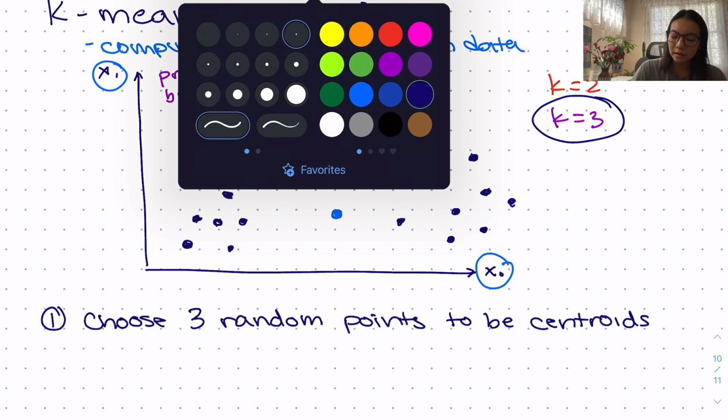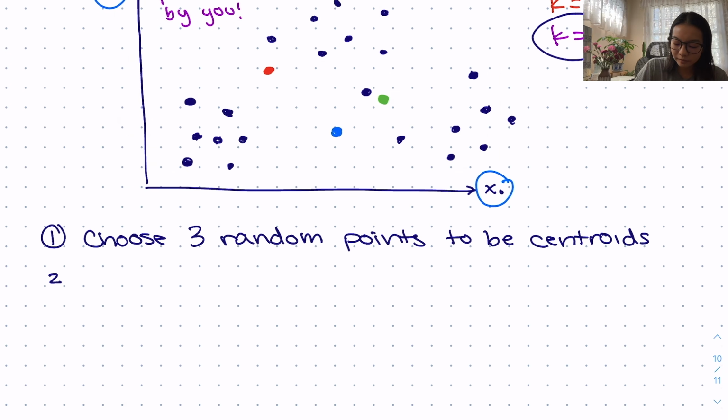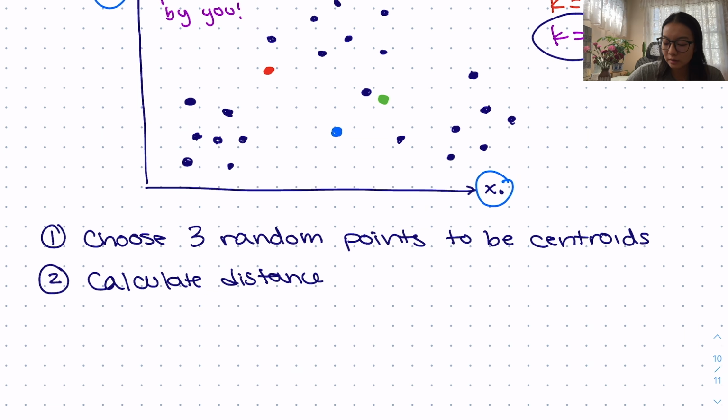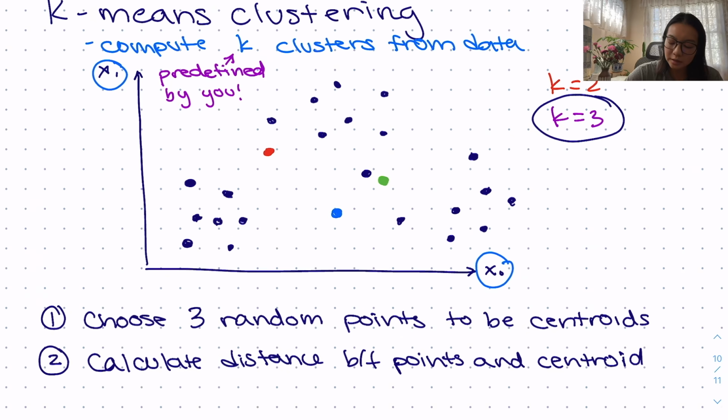All right. So we have 3 different points. And the second thing that we do is we calculate the distance for each point to those centroids. So basically I'm saying, all right, this is this distance, this is this distance, this is this distance.